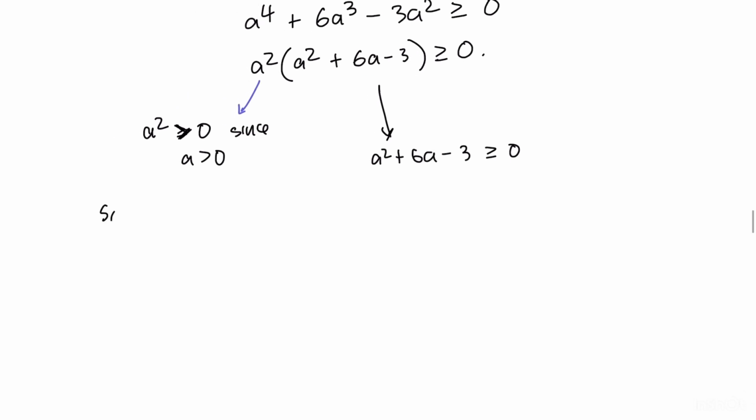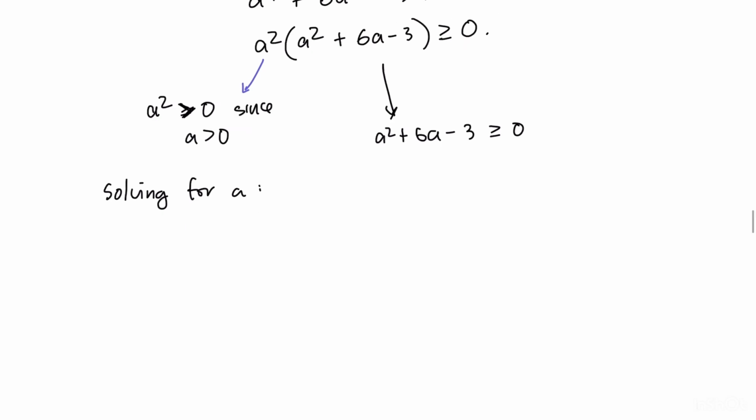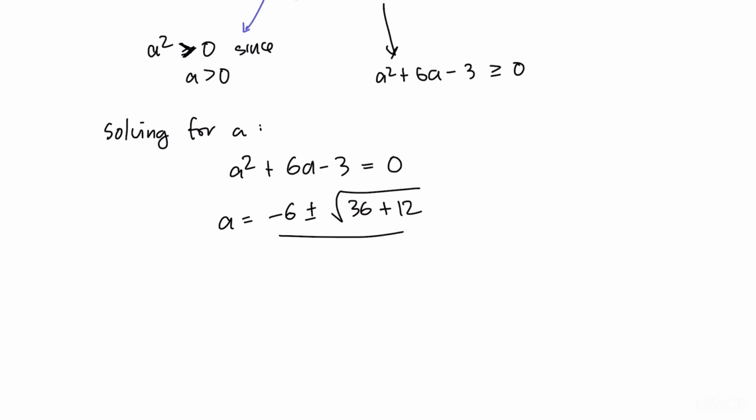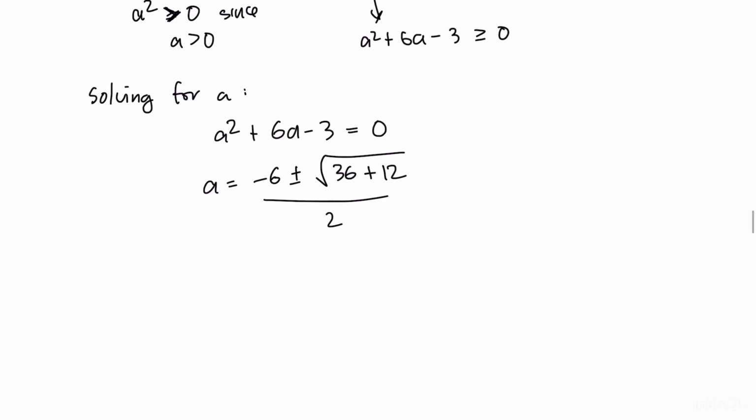So solving for a, we know that a squared plus 6a minus 3 equals 0. So by the quadratic formula, we get a is equal to negative 6 plus or minus the square root of 36 plus 12, all over 2.